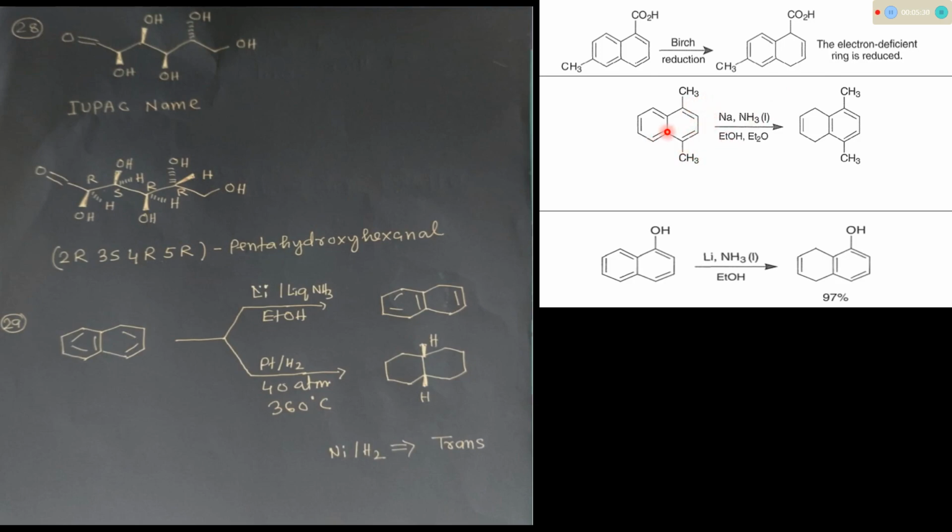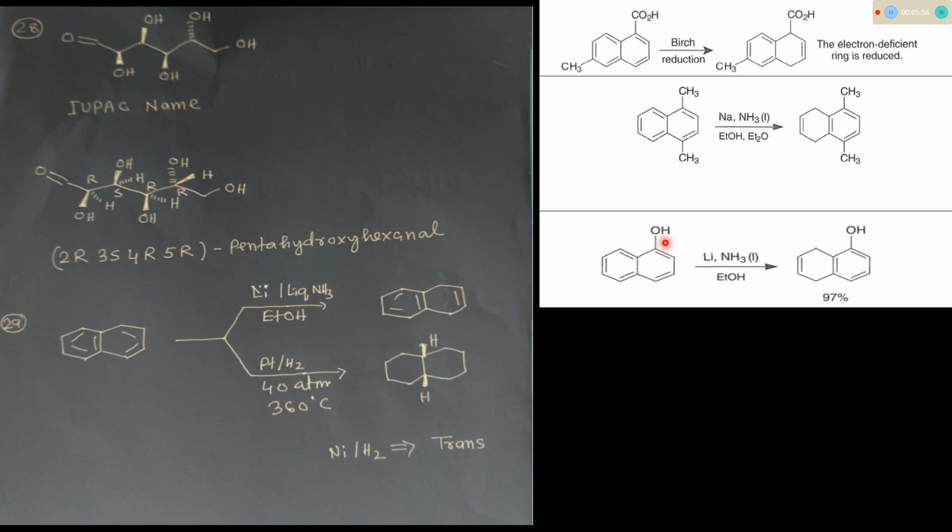If there are two rings and one ring is attached with an electron withdrawing substituent, that ring is electron deficient and, by accepting electrons, becomes reduced. In this one, the ring is electron rich, meaning two electron donating methyl groups are there. That's why the other ring will reduce.